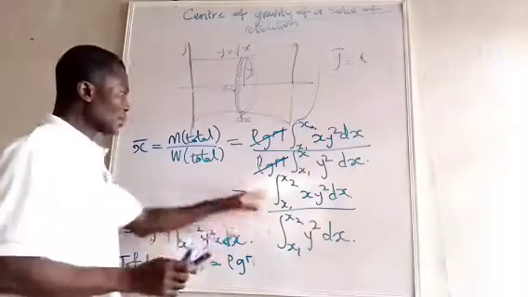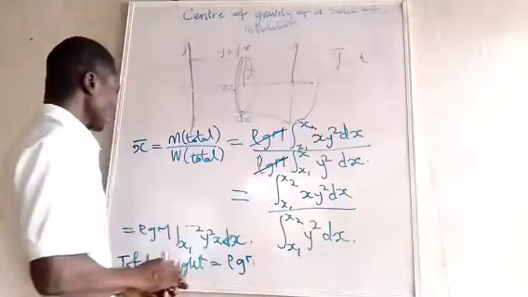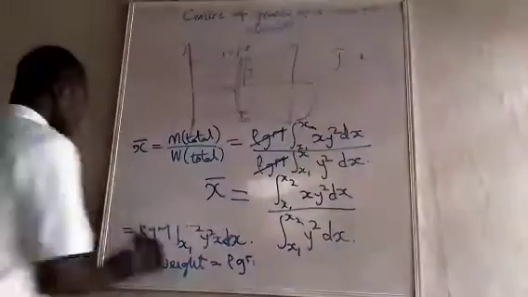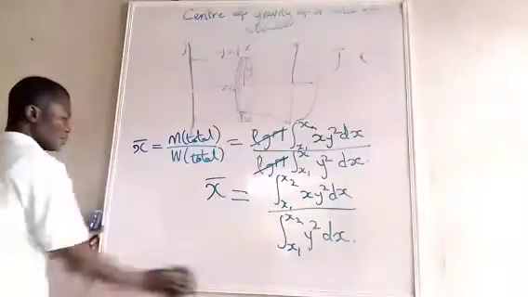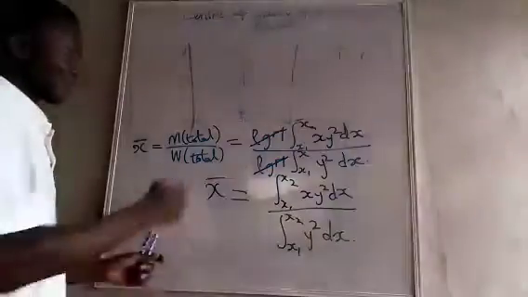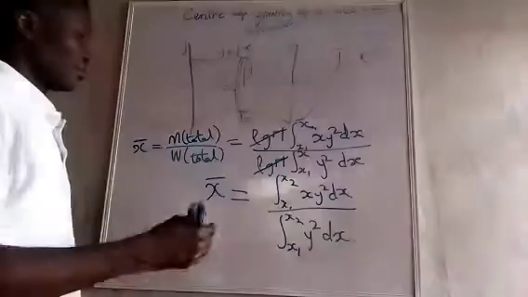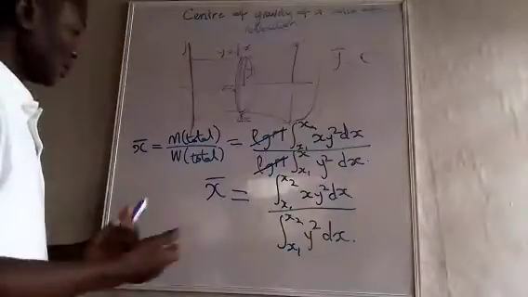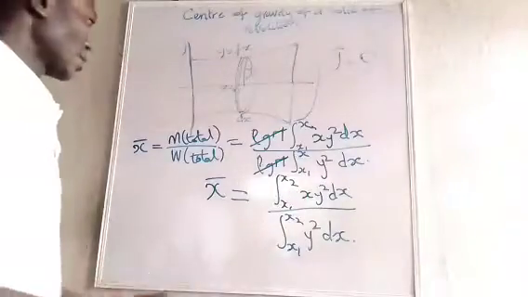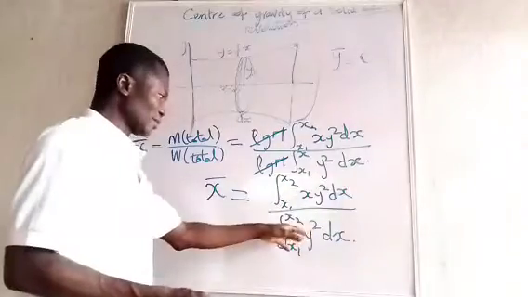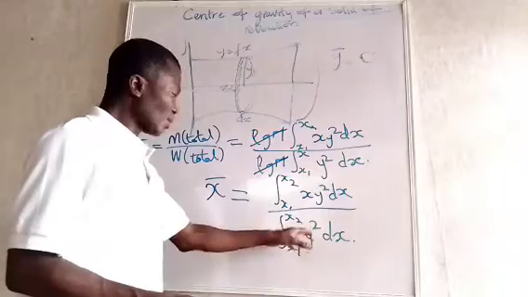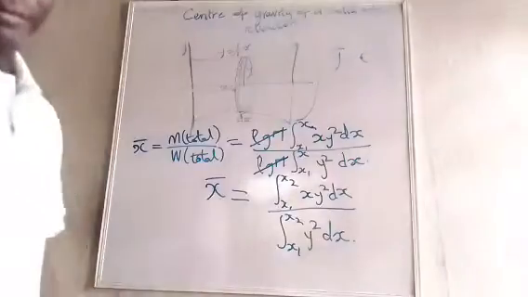So it's only x we are calculating now, with this formula. It's very simple and straightforward, just like we have done before in calculating the root mean square, but not really the mean of the square. This one is different. It is the integration of x y squared dx over the integration of y squared dx.